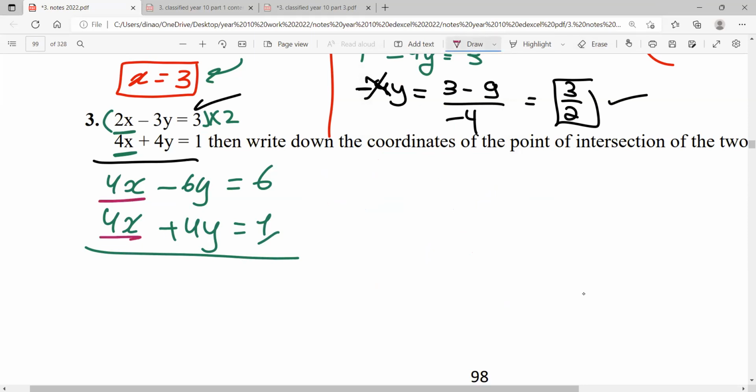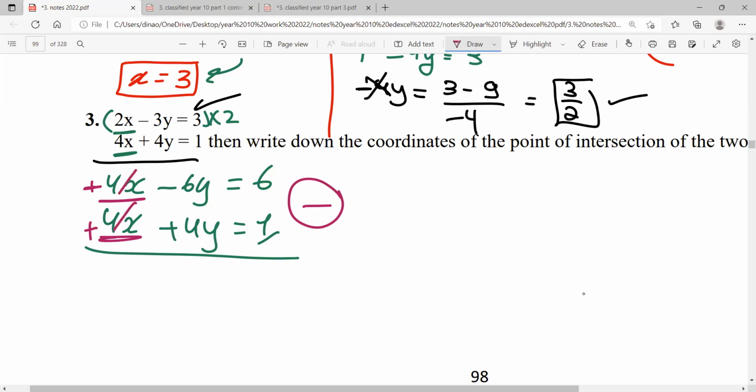I check the letter that has the same coefficient up and down. أنا in this system over here I am working on the letter X. The letter X has a positive 4 in the first equation, has a positive 4 in the second equation. Since the signs of the X are the same, so I subtract. Same subtract, same subtract, same subtract. 4x minus 4x مع السلامة.